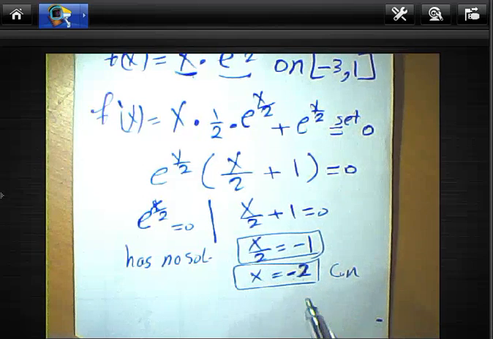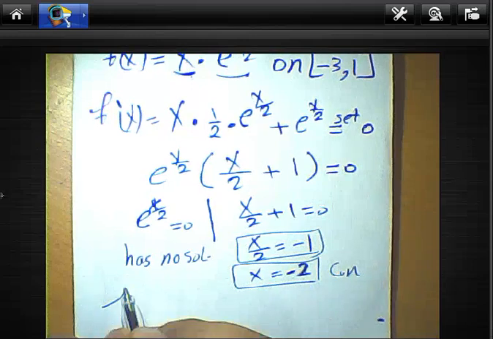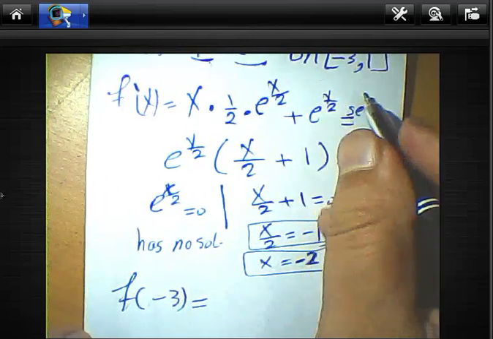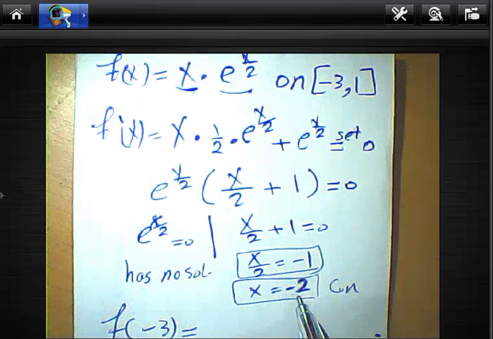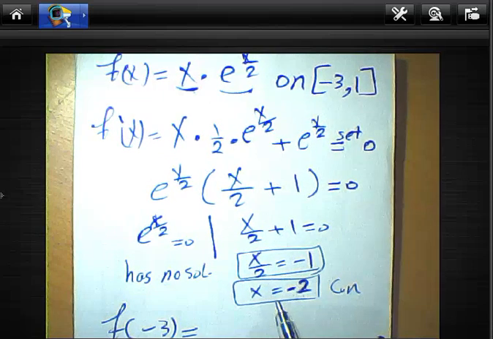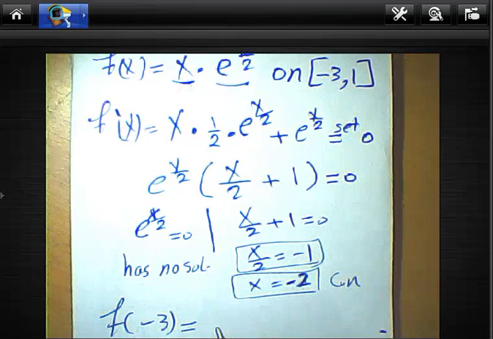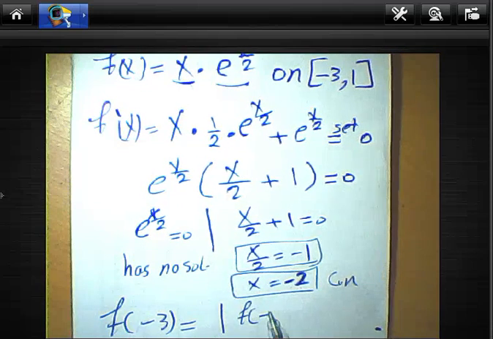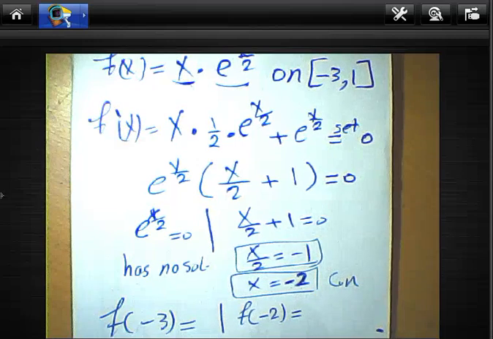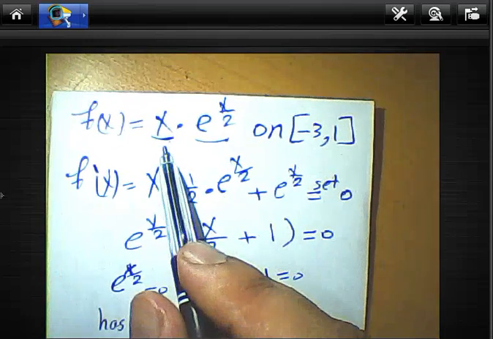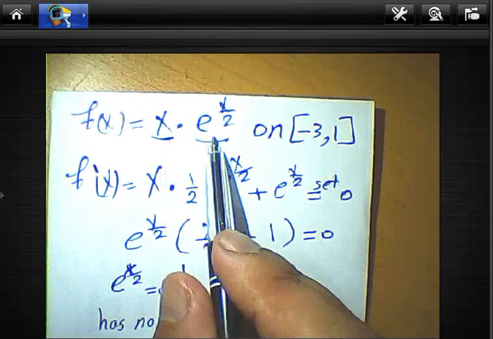It's the critical number of the function, so we can find f of negative 3, f of 1 and f of negative 2 to find the absolute max and absolute minimum. For f of negative 3, we have negative 3 multiplied by e to the power negative 3 over 2.